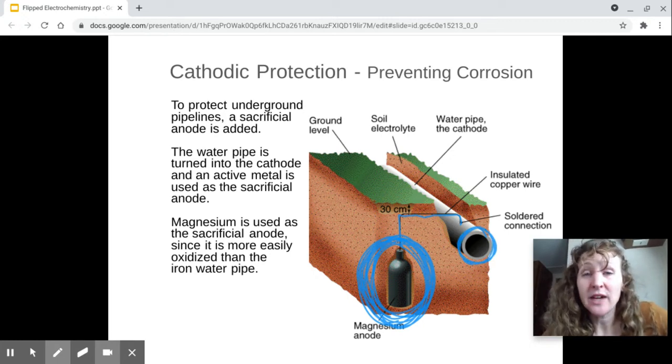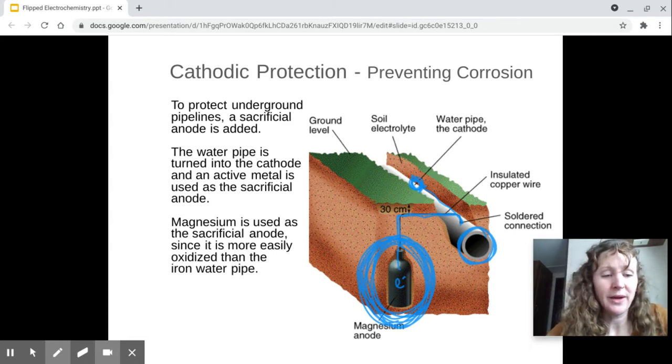Magnesium is very easily oxidized, and when something contacts this pipe, like water or oxygen, and tries to steal electrons, the electrons will actually come from the magnesium through the wire down the pipe and actually contact whatever is trying to steal electrons from the metal.